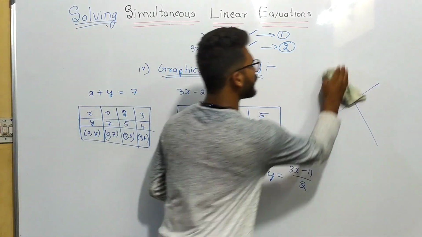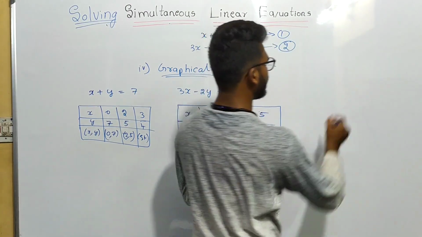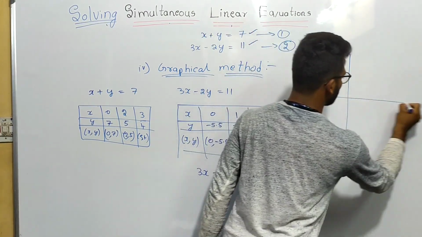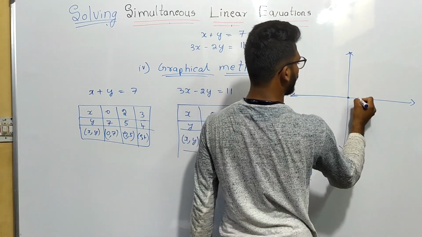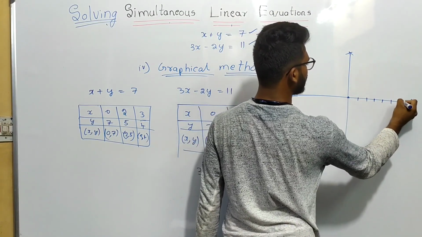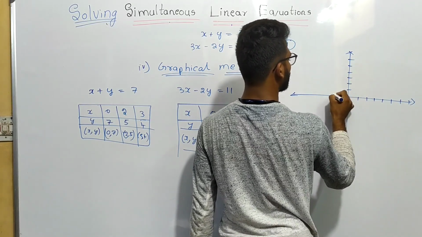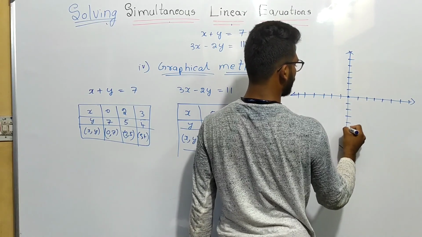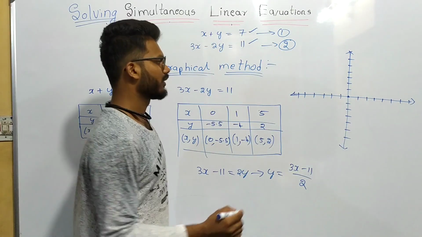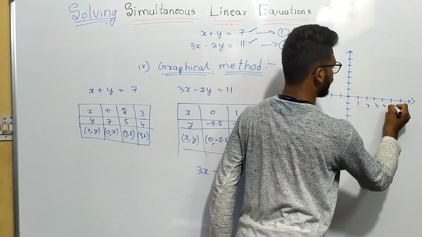Now, if you plot these two lines on graph paper, 1, 2, 3, 4, 5, 6, 7, 1, 2, 3, 4, 5. I am not writing the values, but if you want you can write 2, 3, 4.